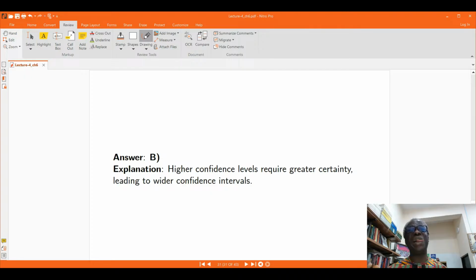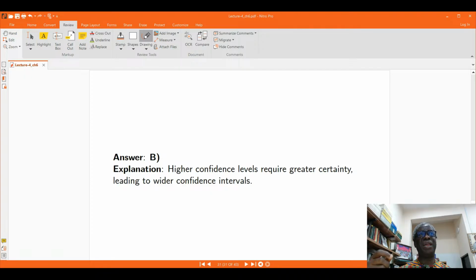Because remember, you are multiplying the Z score that you get as a result of your choice of confidence level with a constant. So as you increase the confidence level, that Z score also increases.